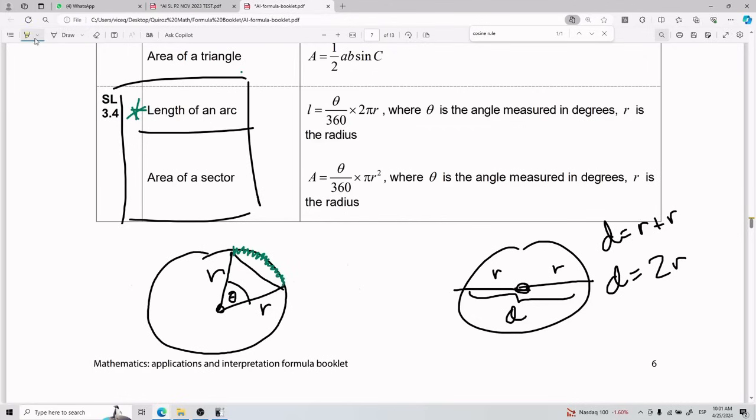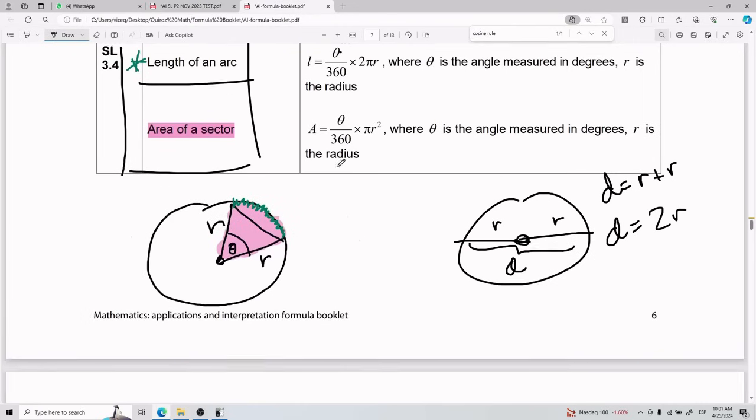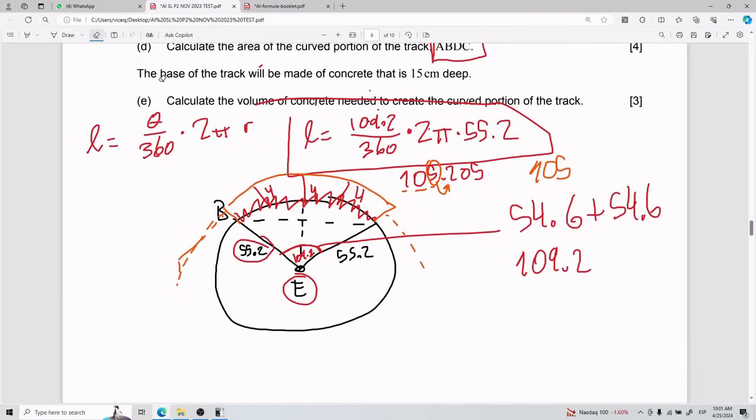Whereas area of a sector, which I'm going to put in pink, notice it's area, so area of a sector would literally be all of this. So these are your main tools. Area of sector gives you the whole thing, right? And so technically in this exercise, what we can do is find the area of a sector. We can first find this area of a sector, which I will put in pink.